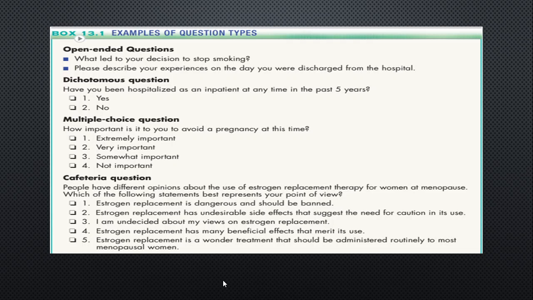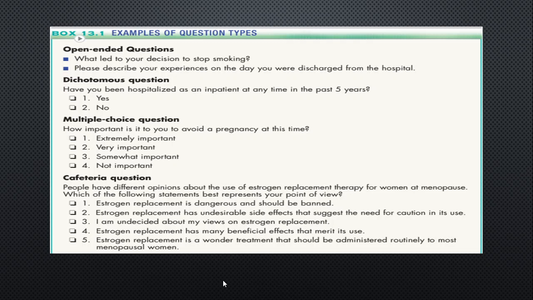That is an open-ended question wherein the respondents may respond in their own words. Another: please describe your experiences on the day you were discharged from the hospital. Open-ended question. Dichotomous questions like, for example, have you been hospitalized as an inpatient at any time in the past 5 years?